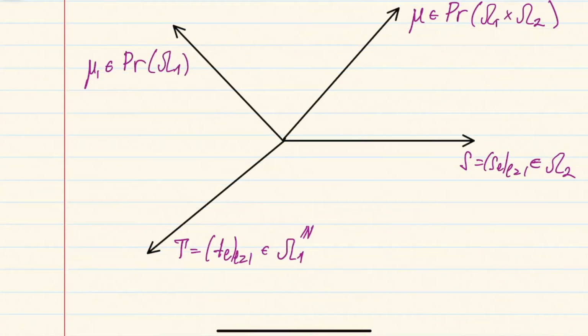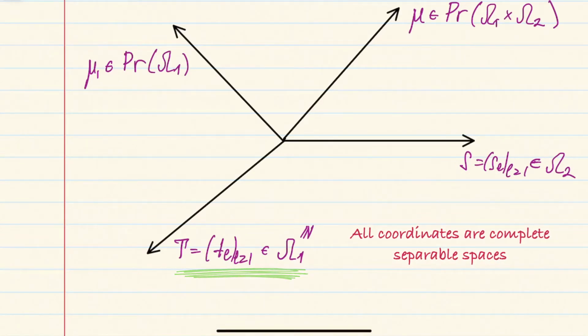To prove this lemma, let's consider this product space with one coordinate reserved for the sequence T, one coordinate reserved for the sequence S, and one coordinate reserved for the empirical measure of the sequence T, and one coordinate reserved for this empirical measure mu of the sequence (T_l, S_l).